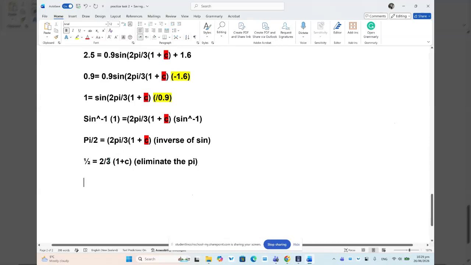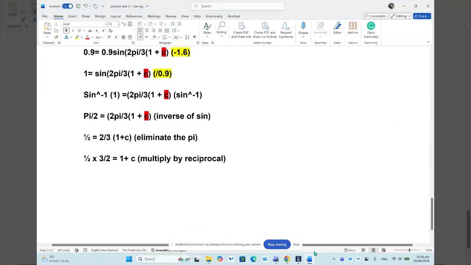Now, to get rid of that fraction, we can multiply by the reciprocal. So 1 half times 3 over 2, not 2 over 3, equals 1 plus c. So that was multiply by reciprocal, which is basically the fraction flipped upside down.